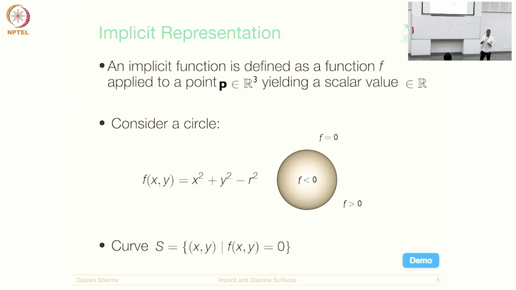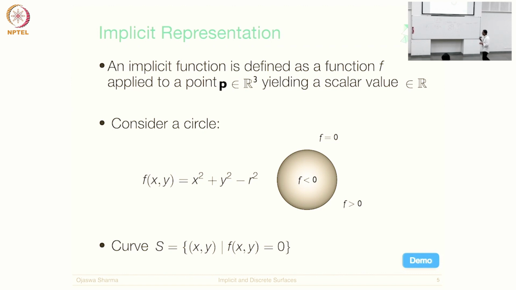At the periphery, that is at the circle, what would be the function value? Exactly 0, right? Because that's how the function has been constructed. And outside that circle, the value would be positive. Okay, that would be the case.